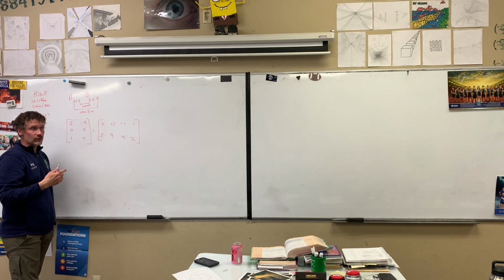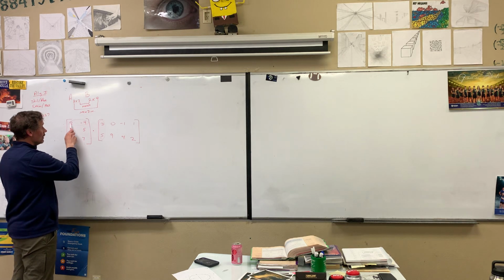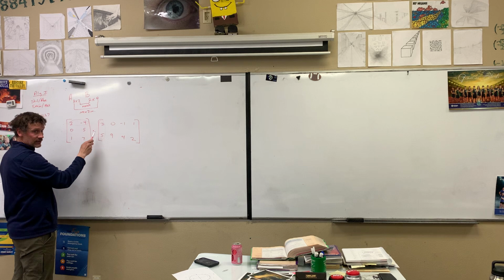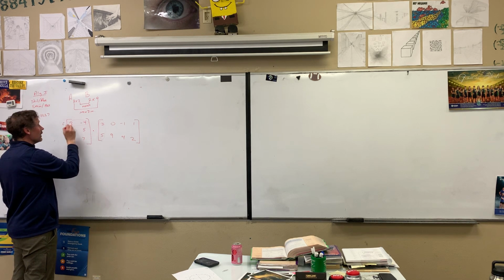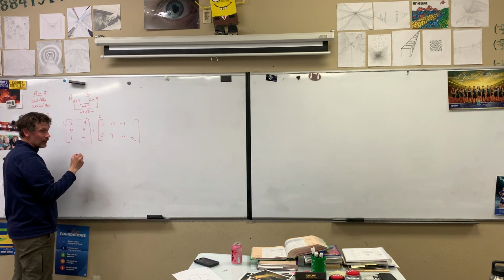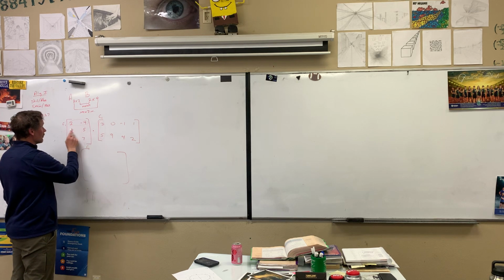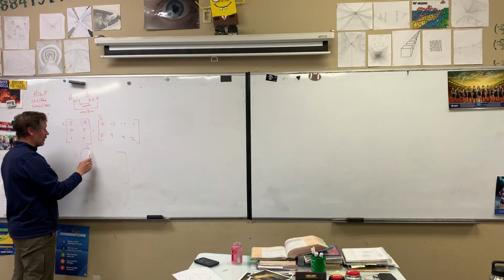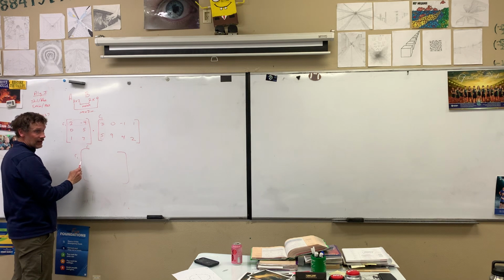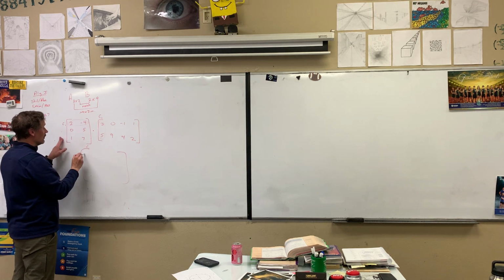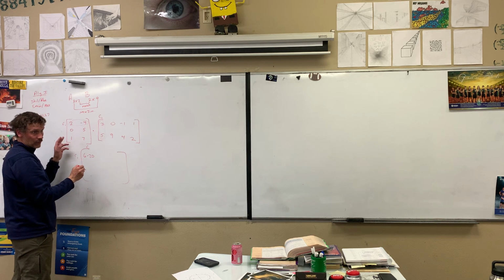So when you do that, you take your 2 times 3 and then you add it to your negative 4 times 5, and that comes up with your new element. So row 1 times column 1 will give you, in your new matrix, row 1, column 1. So when you take row 1 times column 1, that will give you this value right here. That value is made up of 6 minus 20, so it'll end up being a negative 14.